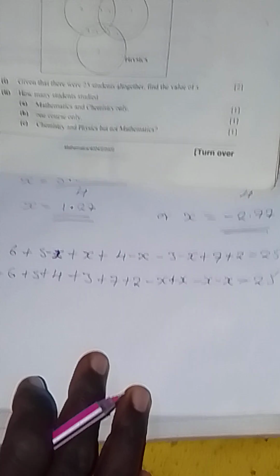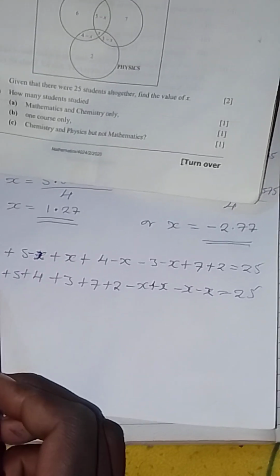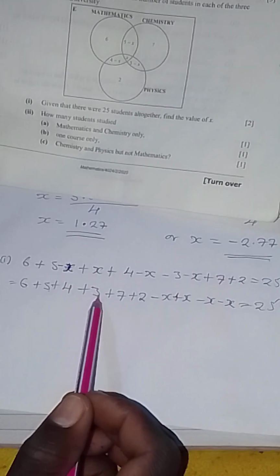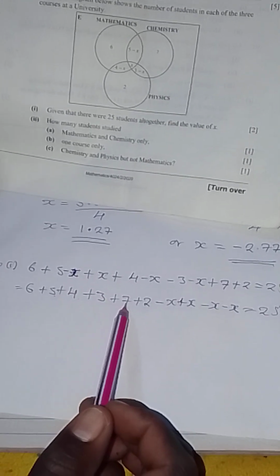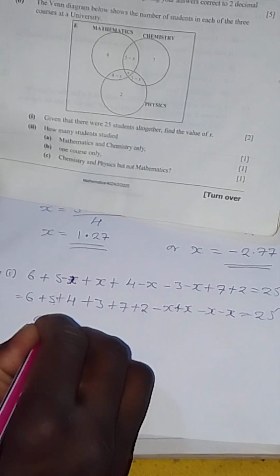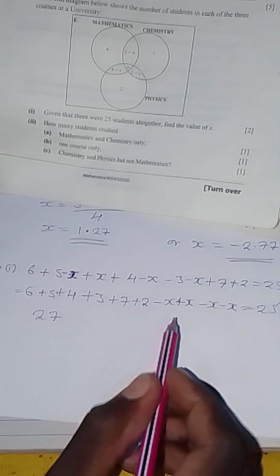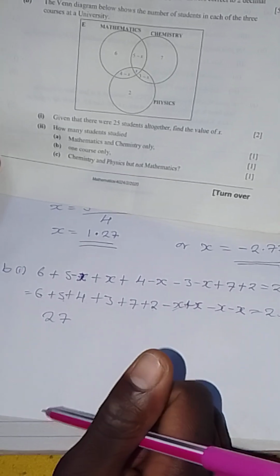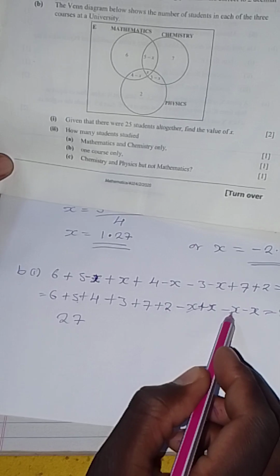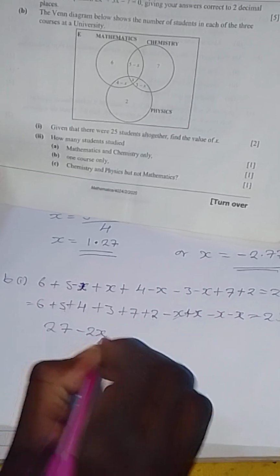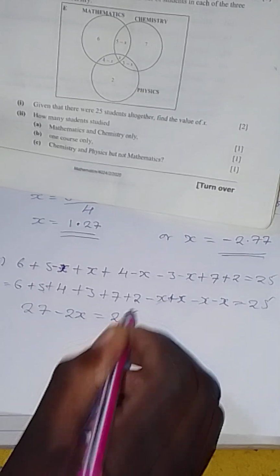From there, if we add 5 plus 6 plus 5 plus 4 plus 3 plus 7 plus 2, we end up having 27. Then negative x plus x will cancel, it will give us 0, remain with negative x minus x, which will give us negative 2x is equal to 25.